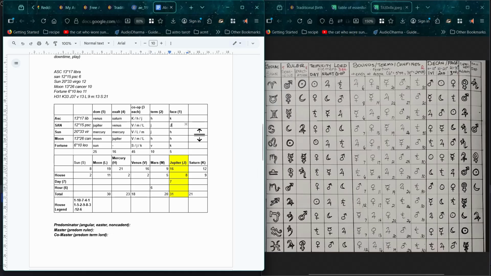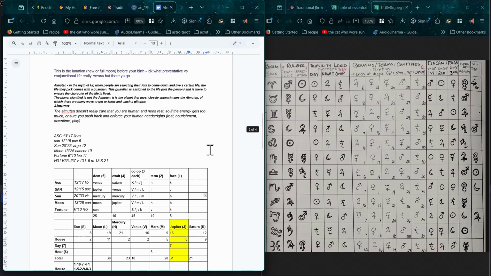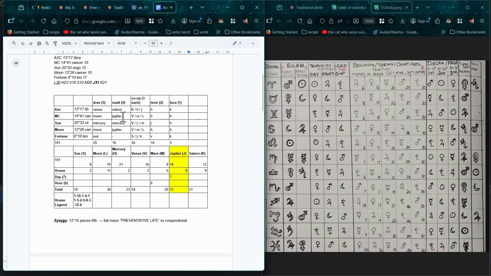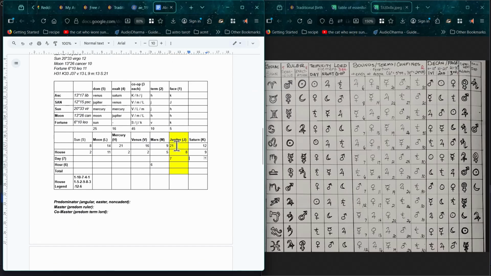So what changed here? Moon lost 5 points, Jupiter gained 5 points. Jupiter lost 4 points, Venus gained 4 points.